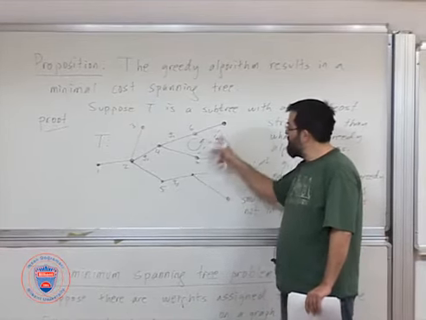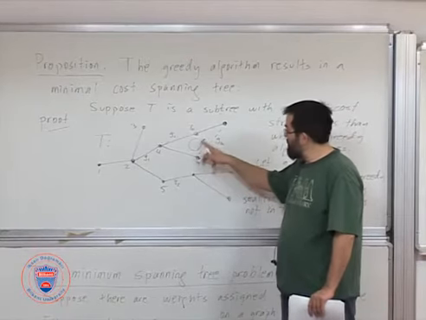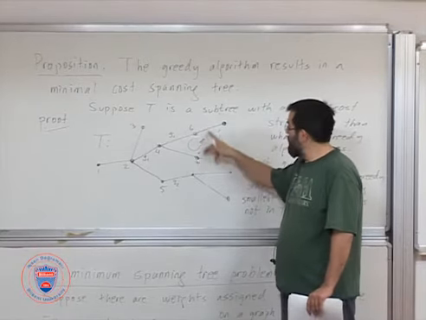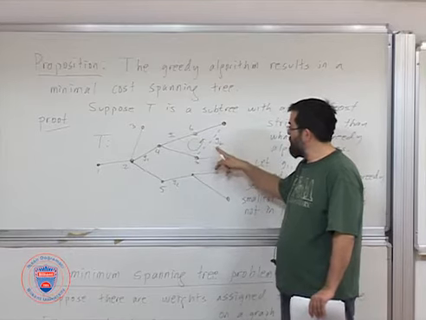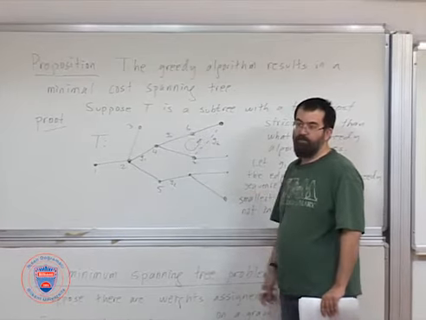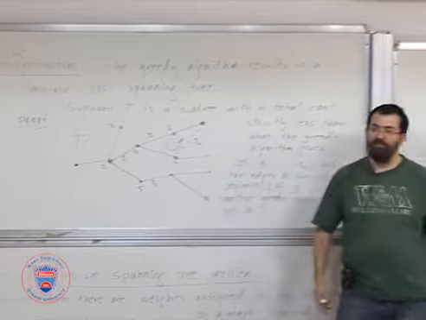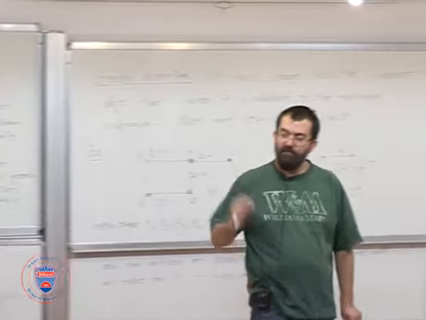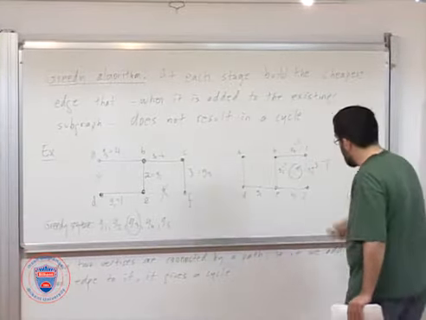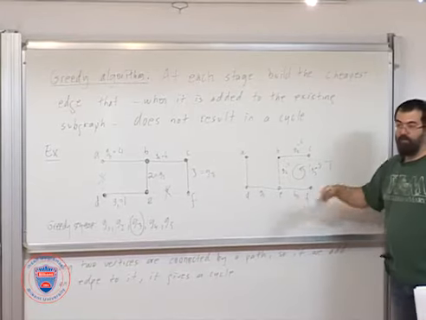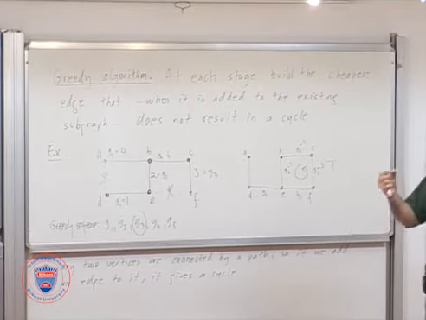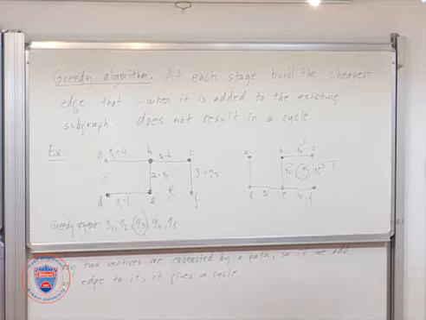So I'm adding this GK into this graph. So I'm saying on this cycle, there will always be an edge which has cost more than GK. Can you say why? Here it is 6. But in general, there will always be an edge which has more cost than GK.